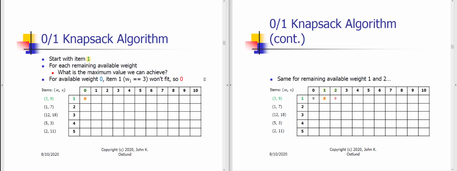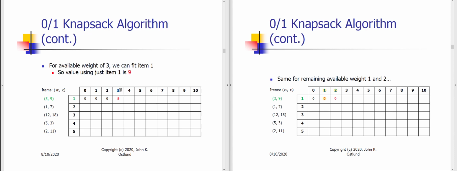When we get up to having 3 weight units available in our knapsack, now, because item 1 weighs 3 units, we can fit item 1 into our knapsack, and so the maximum achievable value that we can achieve by considering just item 1 in a knapsack that has 3 units of weight available is 9, the value of item 1.